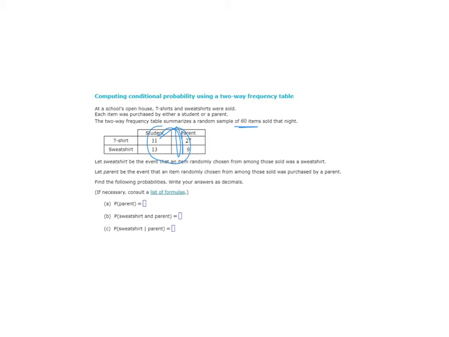Let sweatshirt be the event that an item randomly chosen from among those sold was a sweatshirt. Let parent be the event that it was purchased by a parent. So the probability of a parent purchasing something.